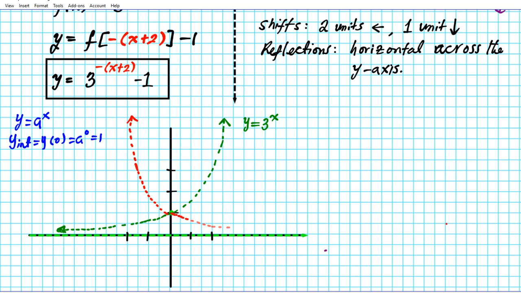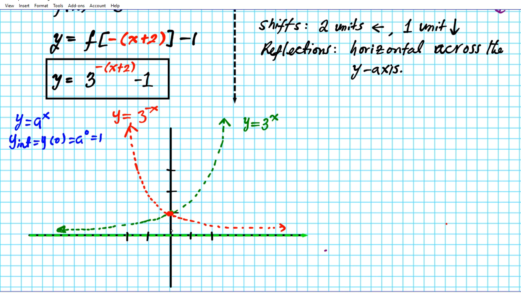So this portion gets reflected over here. Alright, so what do we have now? As a result of the horizontal reflection, we have y equals 3 to the negative x. Now we are done with the reflection. The intercept remains unchanged. This point is still right there at (0, 1), because it's right on the mirror of reflection.